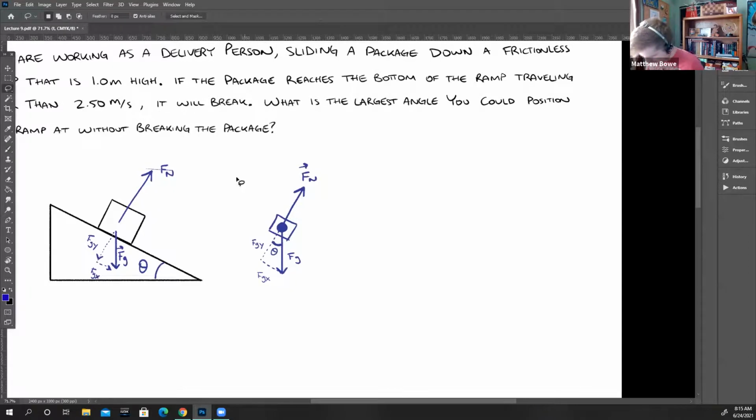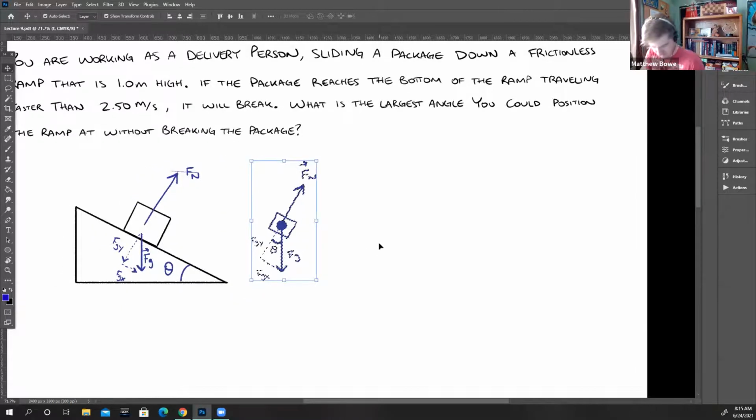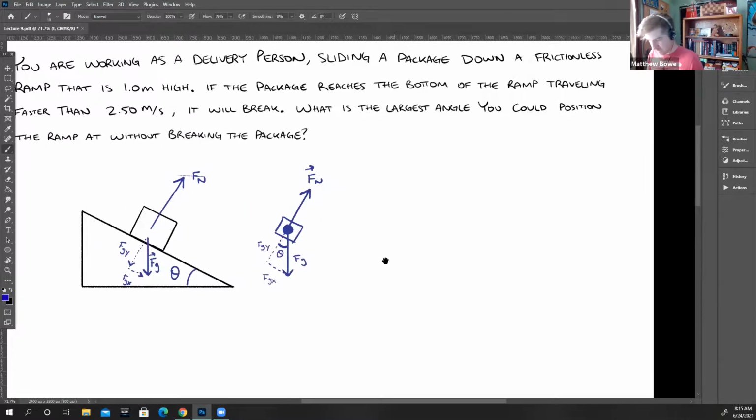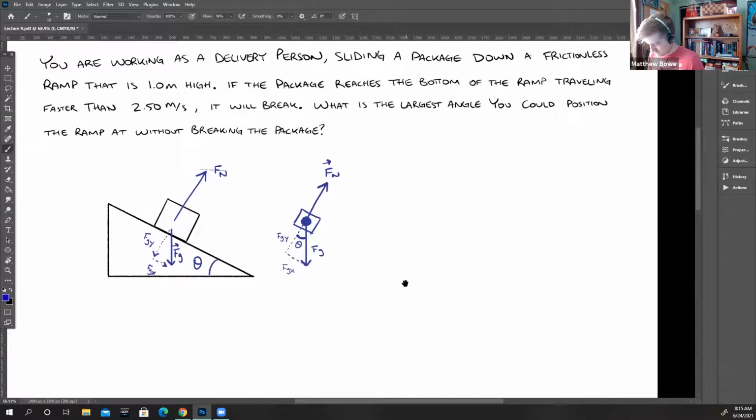Let me slide that over just a bit. And then I'll zoom out if you wanted to take a look at the question again. Just like that. Okay. Now let's write out the forces, split them up.